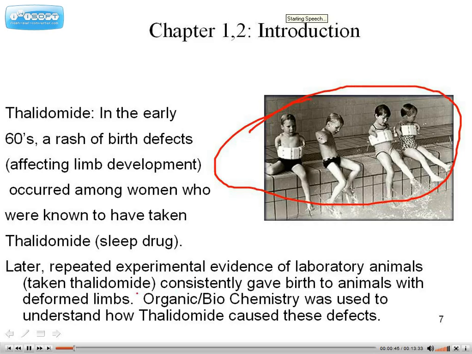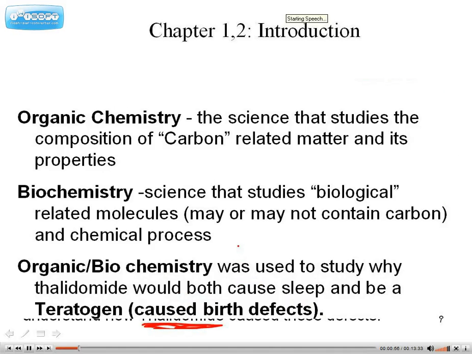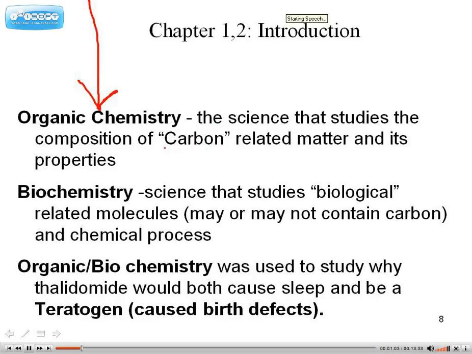So, organic and biochemistry was employed to figure out how it was that thalidomide was causing people to give birth to children with no arms and legs. On a side note, organic chemistry is anything where we study carbon. I know you've heard the term organic all the time, but in chemistry land, whenever we use the term organic, it refers to any molecules that have carbon in it.